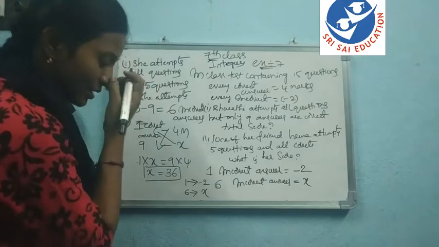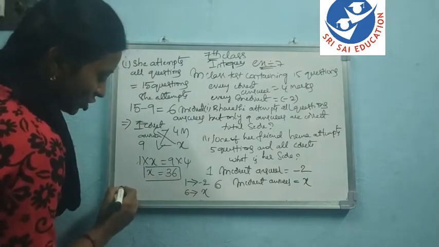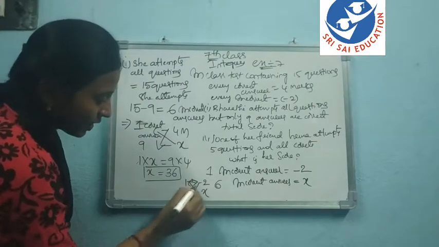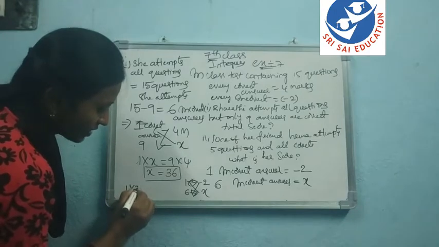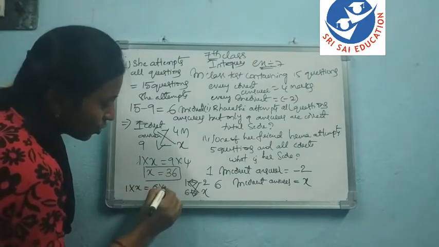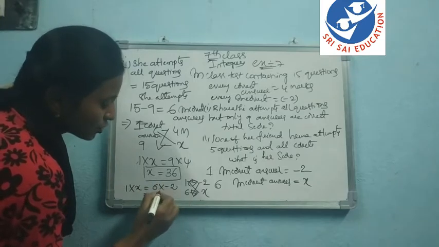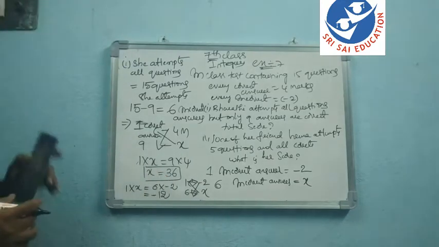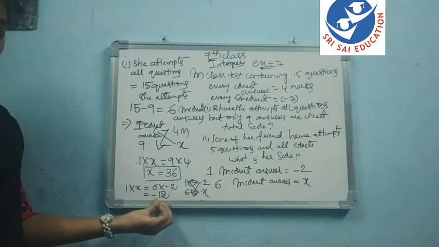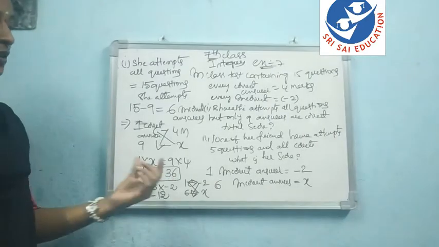That is x. We apply cross multiplication. That is 1 into x equal to 6 into minus 2, plus into minus is minus. 6 2s are 12. This is the incorrect answers score. That was the correct answers score.